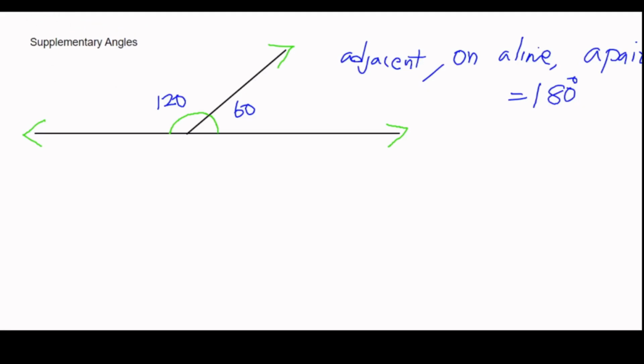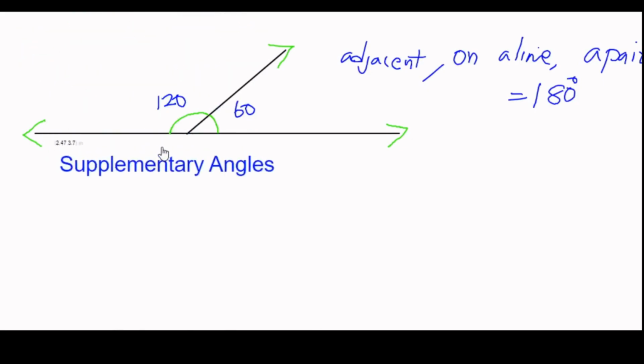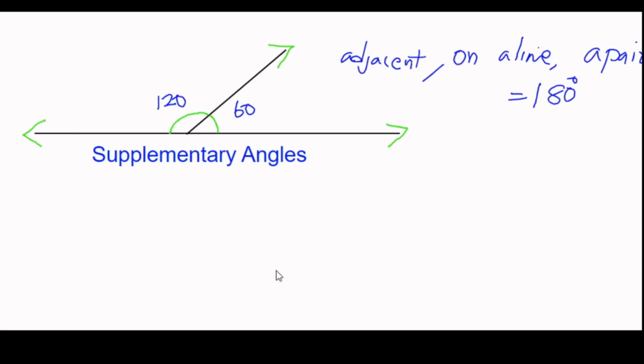So from adjacent angles to complementary angles to supplementary angles. Complementary angles were those whose total is 90 degrees. Here is a pair of angles whose total is equal to 180 degrees, named supplementary angles. As I told you at the beginning, the chapter is very simple, the concept is simple, but later it will help you a lot to do more in mathematics, especially geometry.